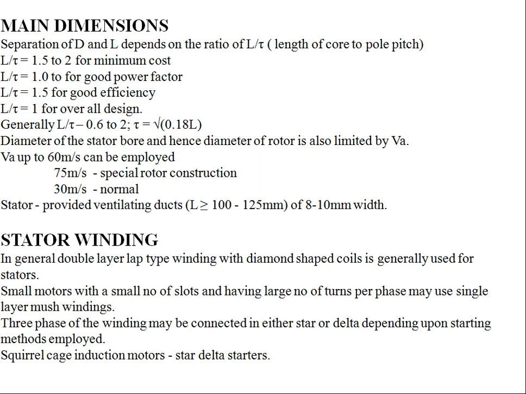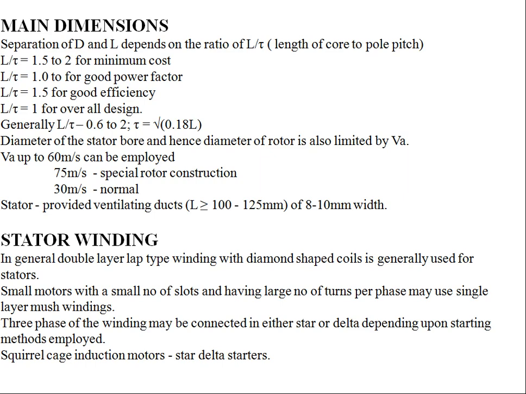Similarly here we will get D square L from the output equation of the machine. That is how we can separate these two components, the diameter and the length. It depends on the ratio of L by tau, that is the length of core to the pole pitch.